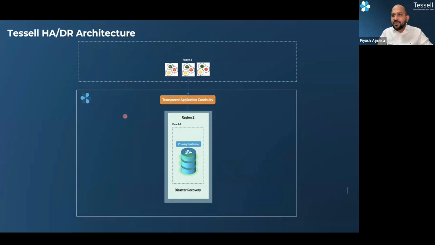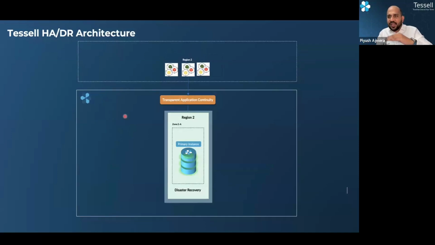This becomes important for the customers because they say, any time a failover happens, I need to reconfigure my application, and that might be restarting of the pods itself. Absolutely. With Tessell, because you're connecting at the service level, all the things which are happening underneath the hood are oblivious.